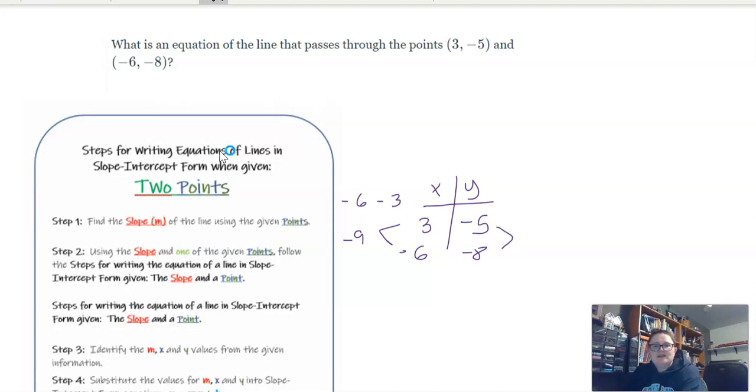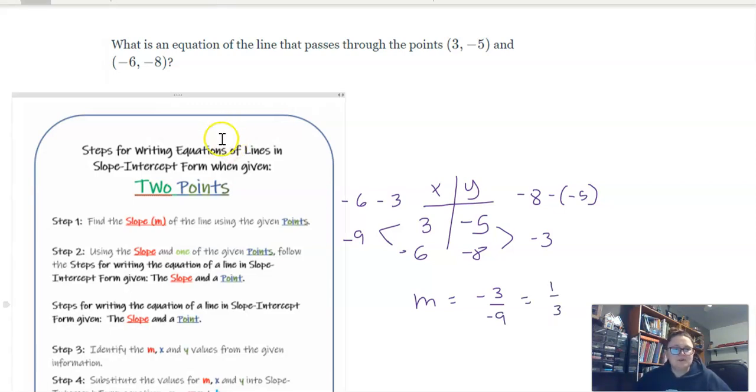And this is going from -5 to -8, which means it's going down 3. You could also type in your calculator -8 subtract -5 if you can't see that. So we have a change in y of -3, change in x of -9. So our slope is -3 over -9, which is the same thing as +1/3.